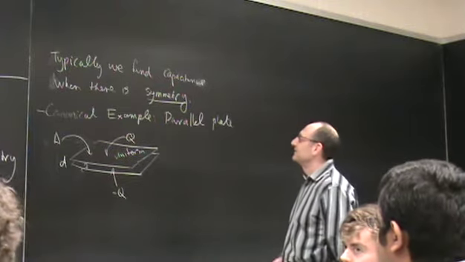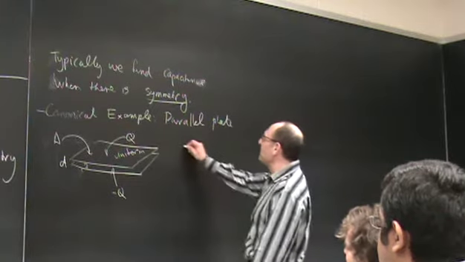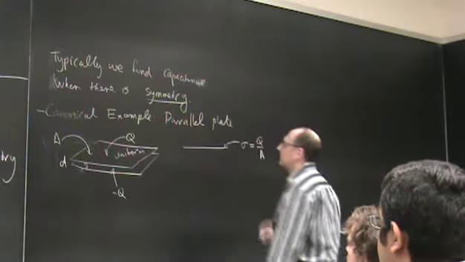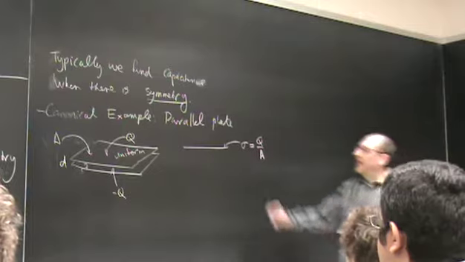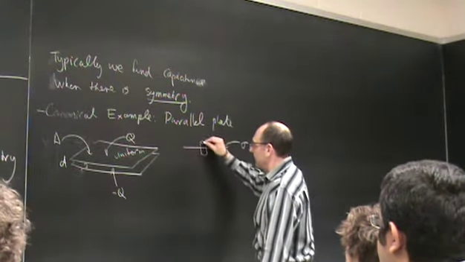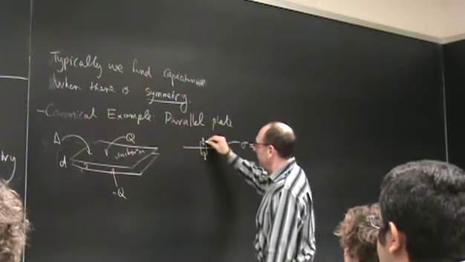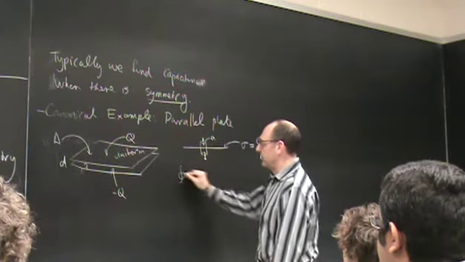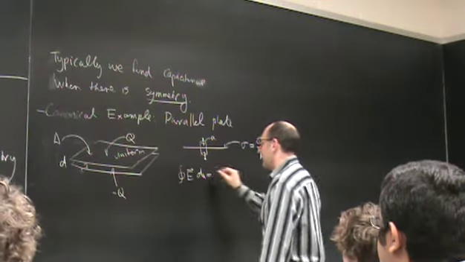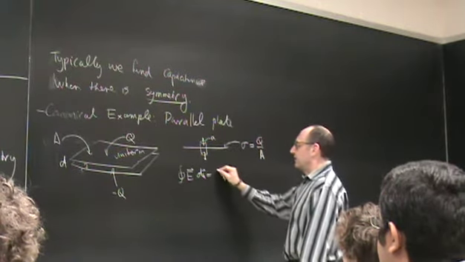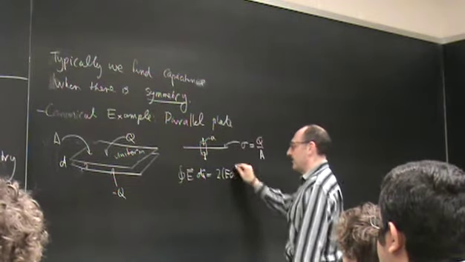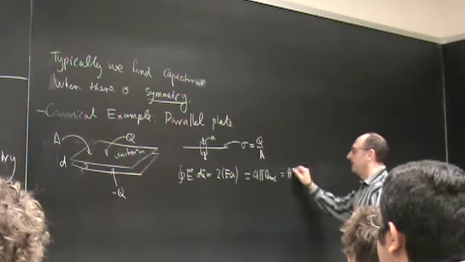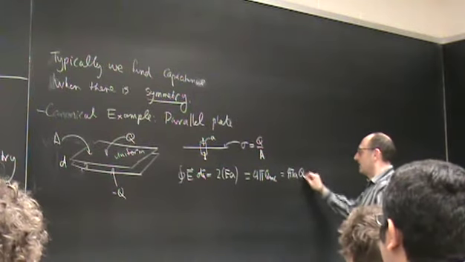Q over maybe 4 pi. Maybe there's a 4 pi in there, right? We remember, if we looked at a single plate with a charge distribution with a charge per unit area Q over A, and I make the little pillbox, which has a little area a, then the flux integral of E dot dA is going to be equal to 2E in the normal direction times a, which is 4 pi times the charge enclosed, which is equal to 4 pi times the little a times the charge per unit area.